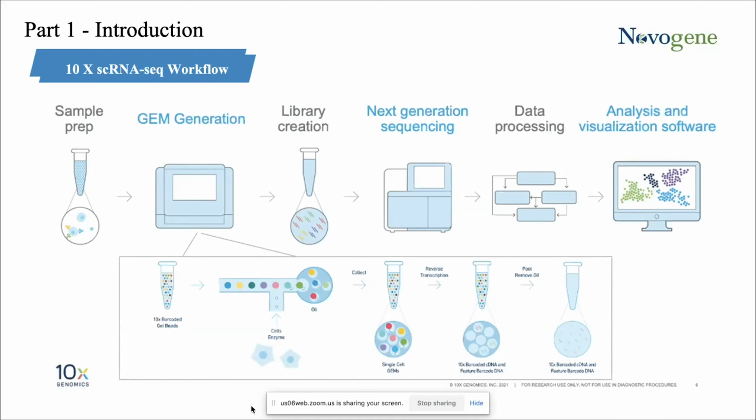Within the controller, barcoded gel beads are mixed with cells, enzymes, and partition oil to form gel beads in motion, or GEM. Each GEM functions as an independent reaction compartment where mRNA transcripts within a single cell are converted into cDNA and are uniquely barcoded.